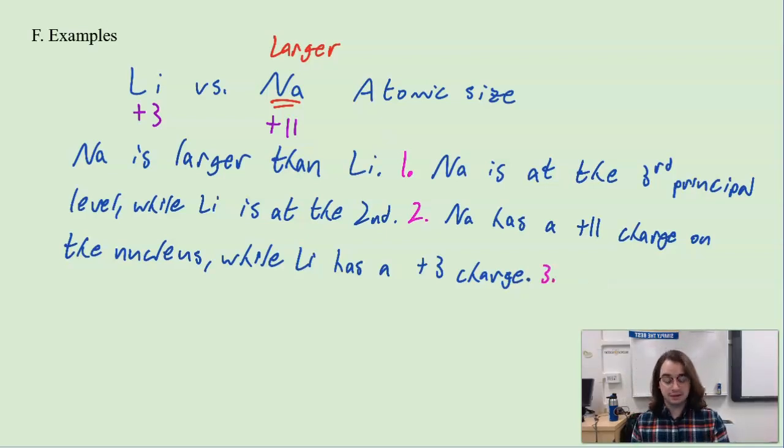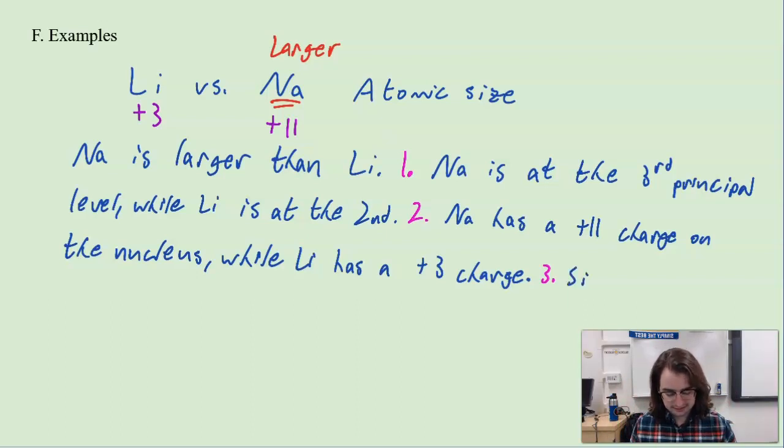For 3, we're talking about shielding. Shielding is, again, how many layers that they have, right? Lithium has less shielding. Therefore, it has more access to those outer electrons.